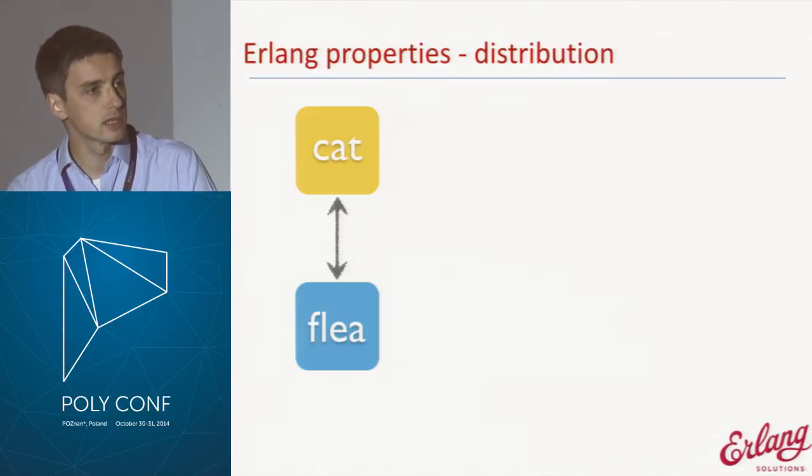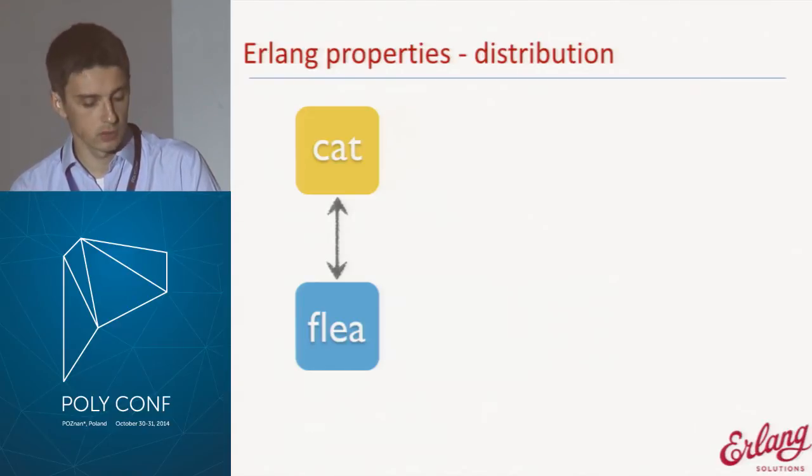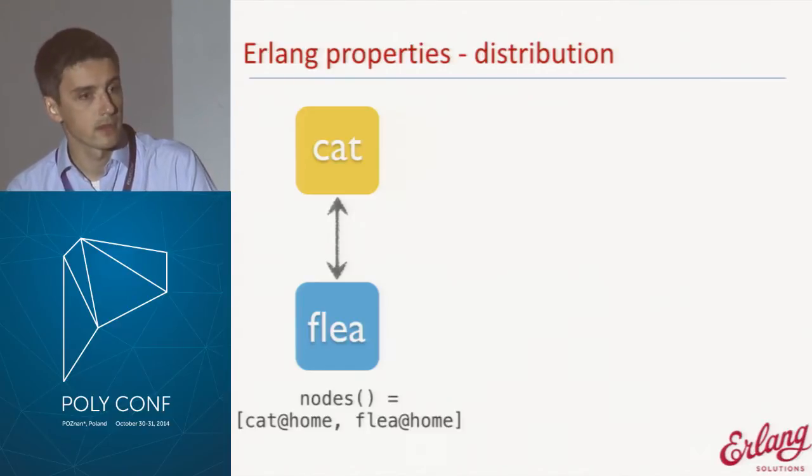An Erlang node typically has a name, and nodes can be connected. So the arrow represents a connection between two systems over the network, a TCP connection, and we have two Erlang nodes. If you would execute the BIF nodes on one of those, you would see cat and flee as the list of two nodes.